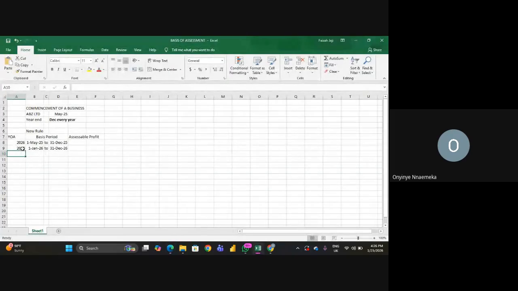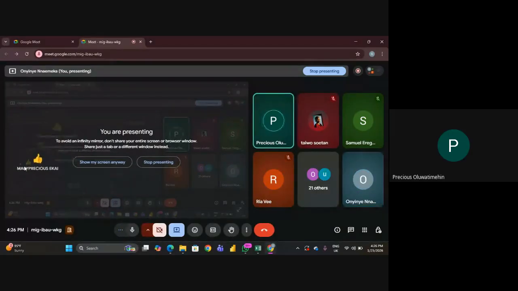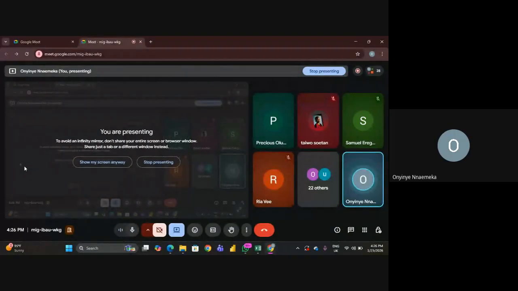So year three is going to be 1st of January 2027 to 31st December 2027. So our year of assessment is going to be 2028. Yes. Please, I hope we are good. Any question? All right, thank you. So I guess you can move to the old room now.